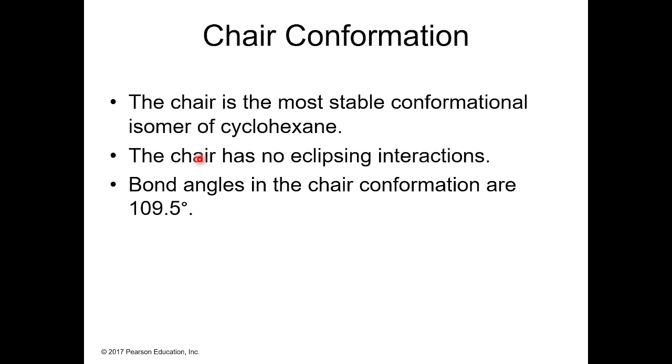Now, in rings, when you have a 3 or 4-membered ring, or even 5-membered rings, and to a small degree a 6-membered ring, you're going to have tetrahedral shapes for those carbons, but they'll be perturbed. They can't go all the way out to the tetrahedral 109.5. They're going to be a little bit bent.